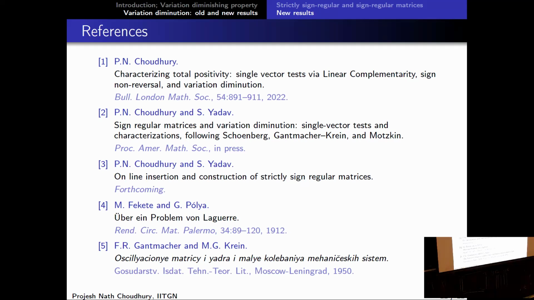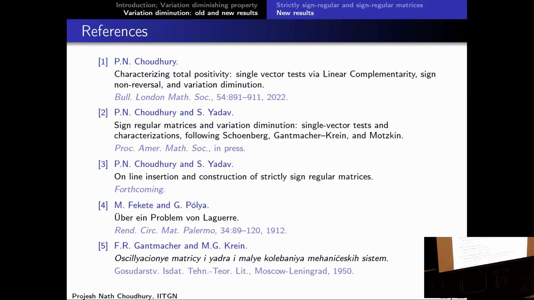Can I ask another question? So if your matrix is TPK and not TPK plus 1, can you say anything like the number of sign changes? So basically yes, we can say something about the number of sign changes of the vector.